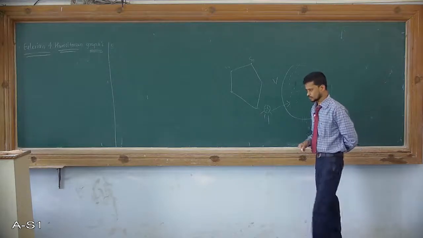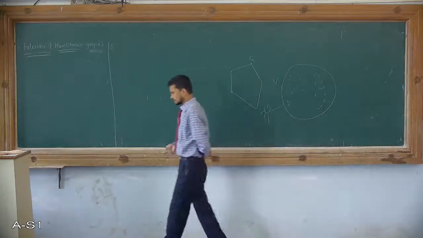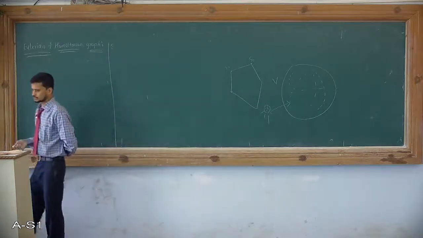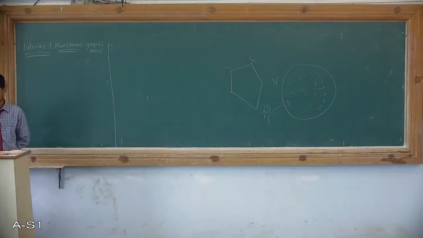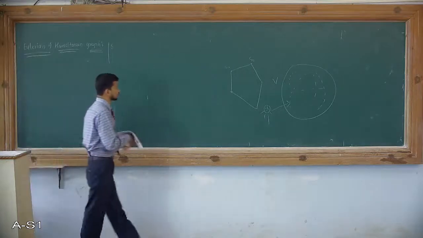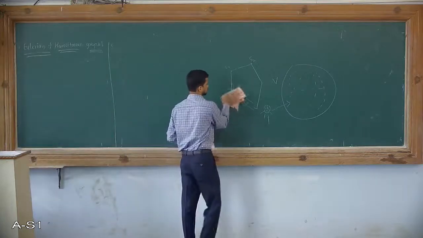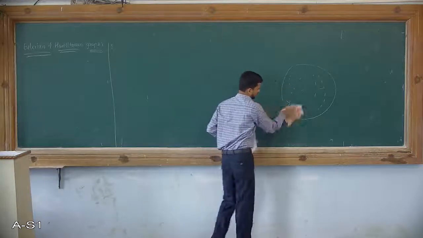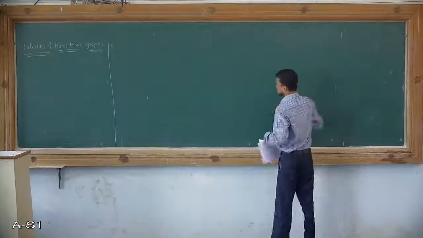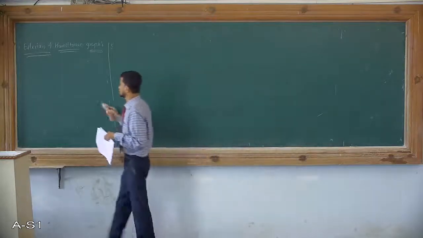For that, we require the basic terminologies called path, cycle, walk and circuits. First I will write down the definitions, then I will explain them by taking up an example. So this is the main application of Eulerian Hamiltonian.